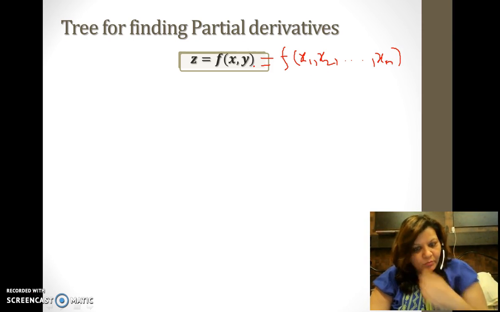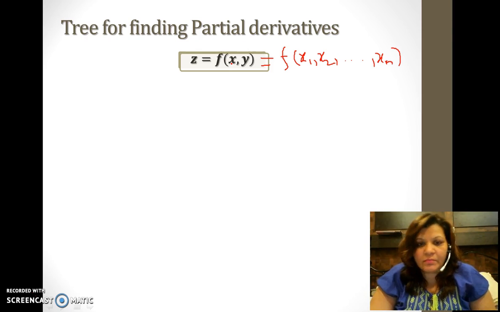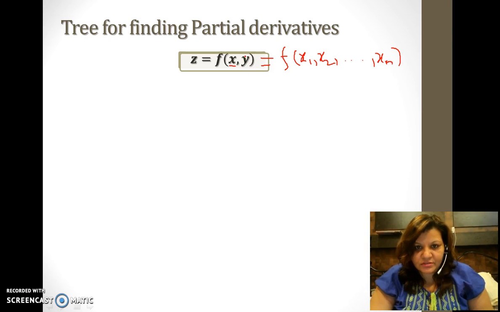And one more thing to remember is, since z is a function of two variables, when you partially differentiate z with respect to x, y will be treated as constant, and when you partially differentiate z with respect to y, x will be treated as constant.